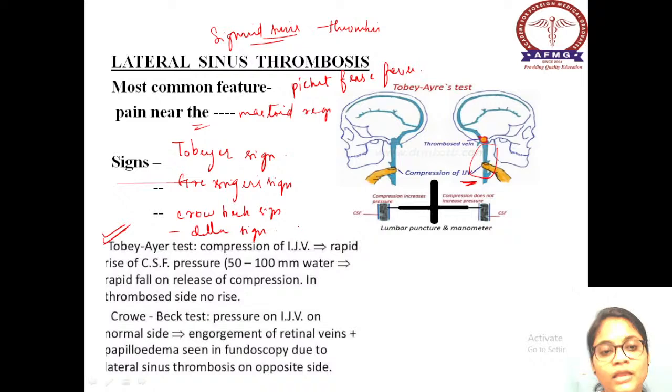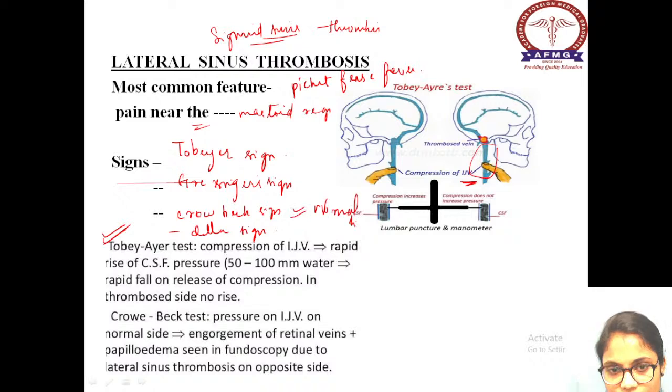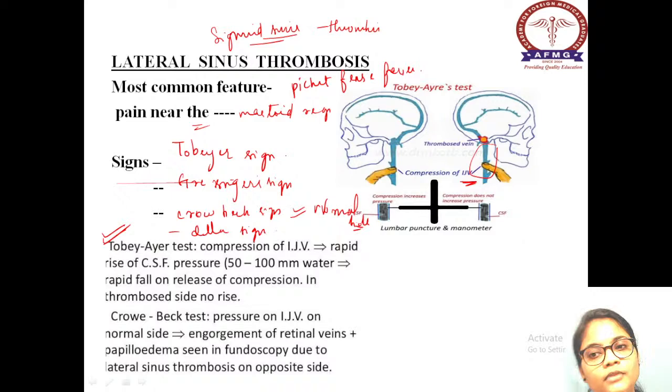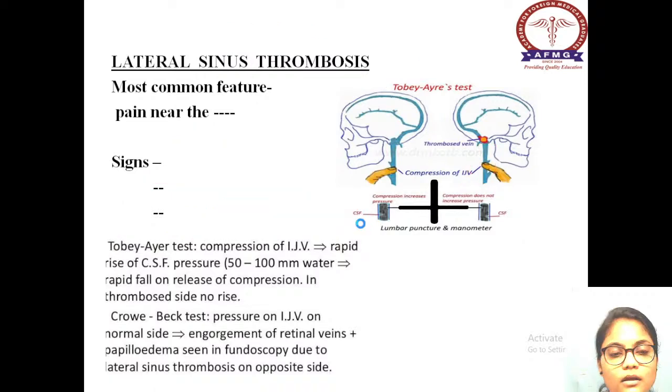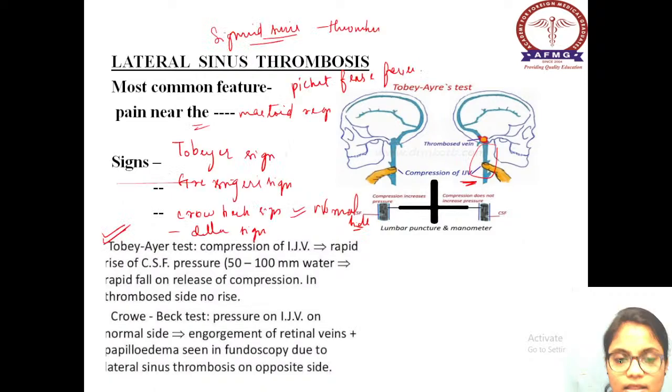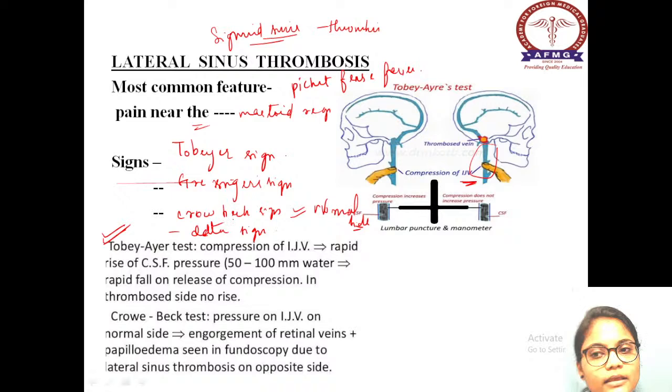Crowe-Beck sign would be done on the normal side. That is how they are important. And then there is a clue of delta sign. That is how they also play a main role.